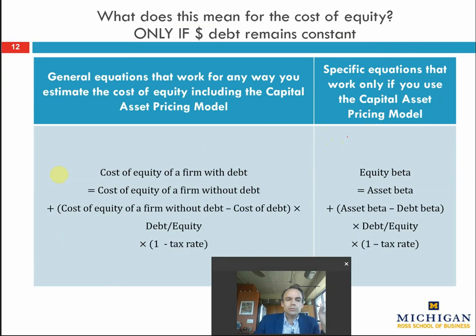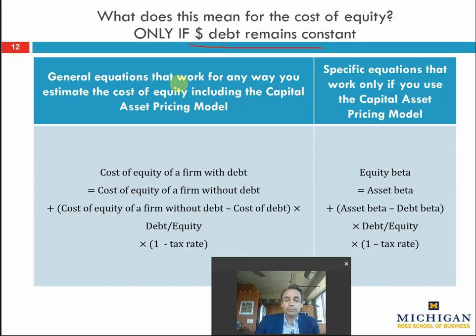This equation you see on the left-hand side holds under the assumption that the dollar amount of debt remains constant. There is another equation we're going to look at in which we invoke the assumption that the percentage of debt remains constant forever. That is, for example, 20% debt to 80% equity.